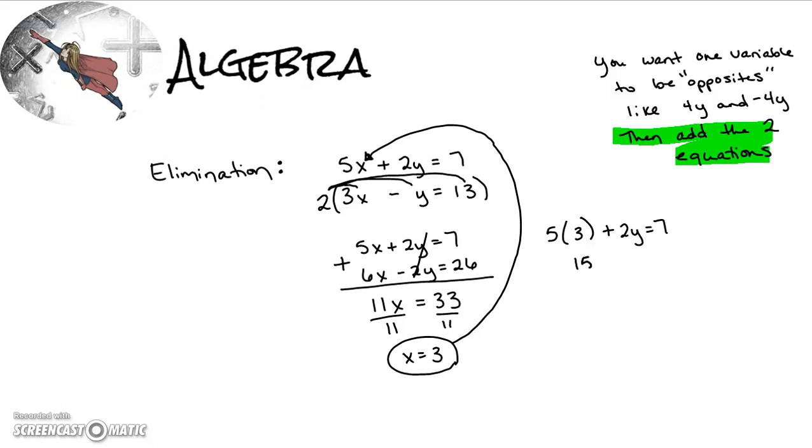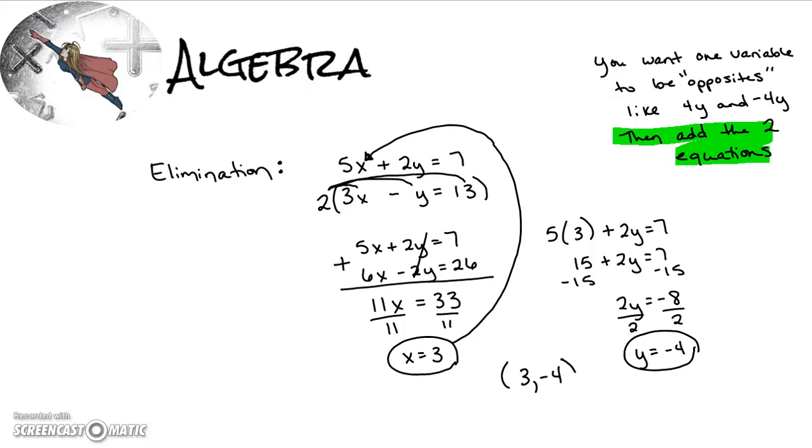And then I can solve this. 15 plus 2y equals 7. Minus 15, minus 15, so 2y equals negative 8. Divide both sides by 2. Y equals negative 4. And so the solution, again, is (3, negative 4).